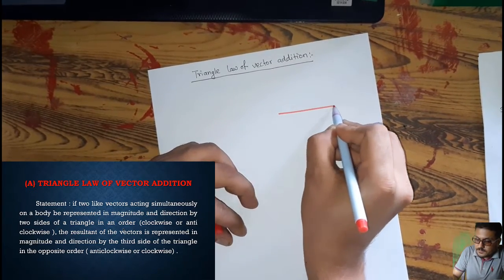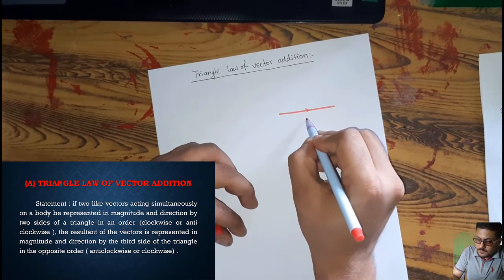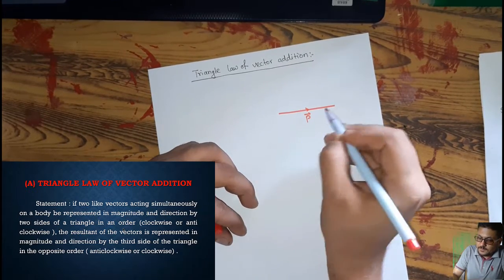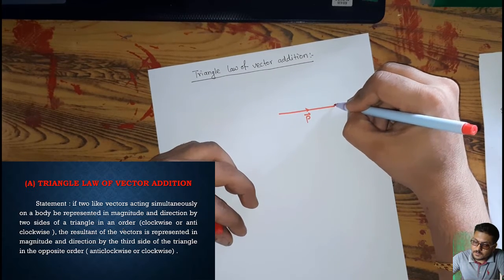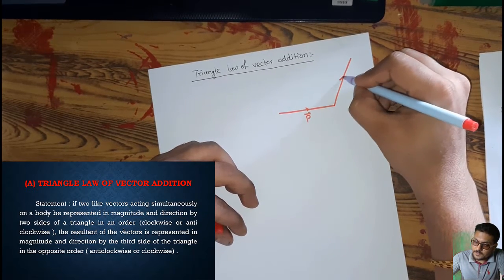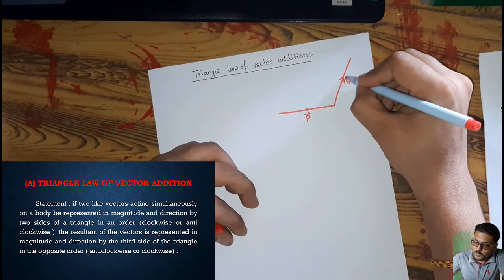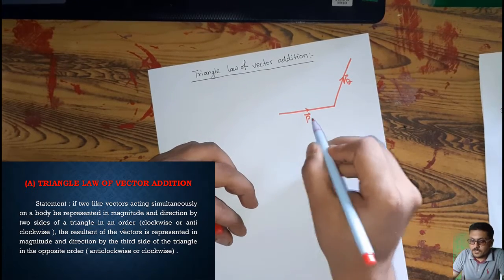Let us consider they are vector P and, simultaneously, meaning one after another, another vector Q, acting simultaneously.